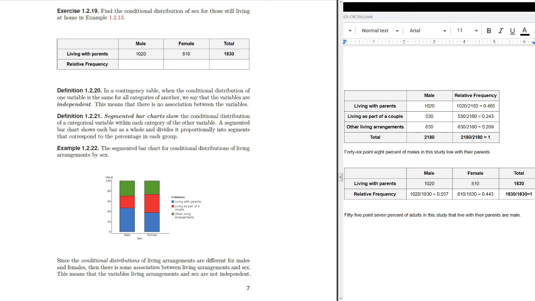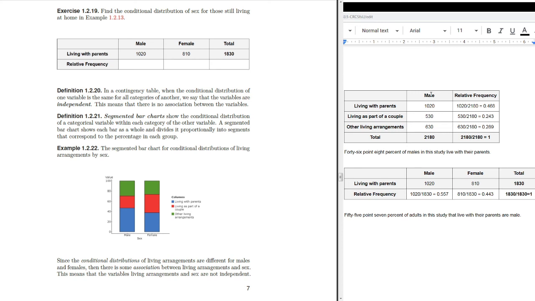So here is the segmented bar chart for the conditional distributions of living arrangements, which are grouped by sex. The calculations that we performed in exercise 1.2.18, which is this table right here, correspond to the bar on the left, which is the conditional distribution for males.